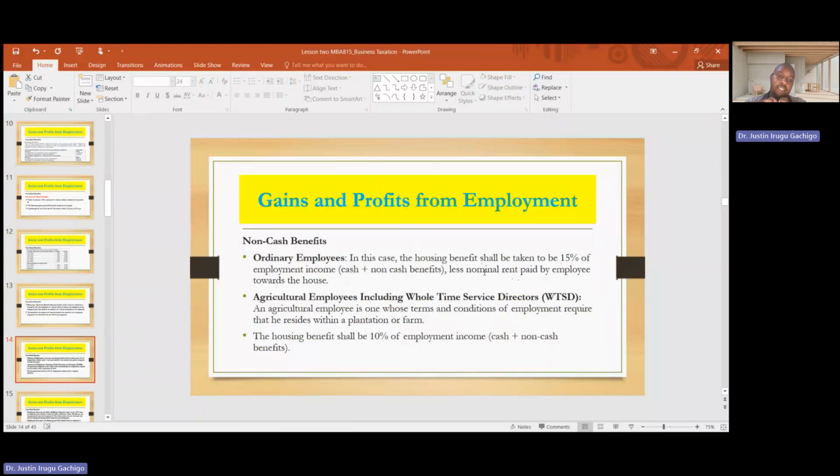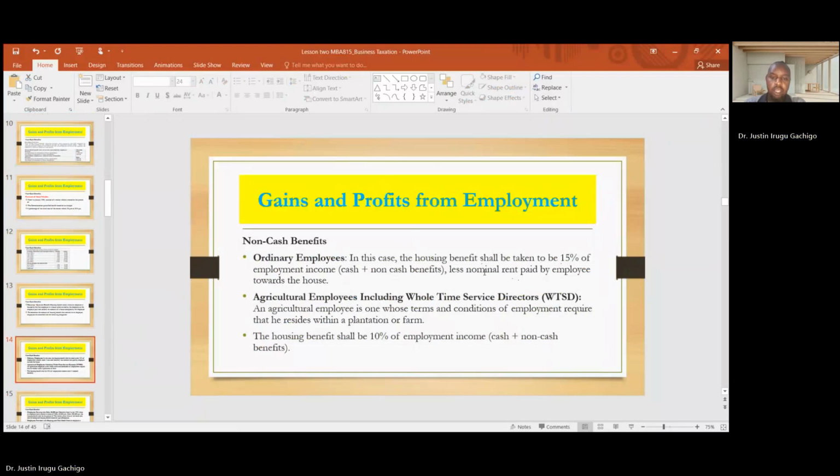Then we have the next category. These are the agricultural employees, including whole-time service directors. An agricultural employee is one whose terms and conditions of employment require that he resides within a plantation or a farm. For example, those workers, managers or directors who are working at a farm like, what do we call this farm in Naivasha?